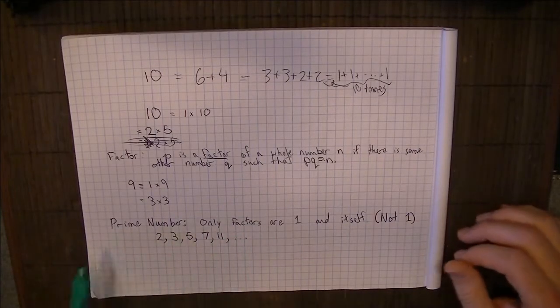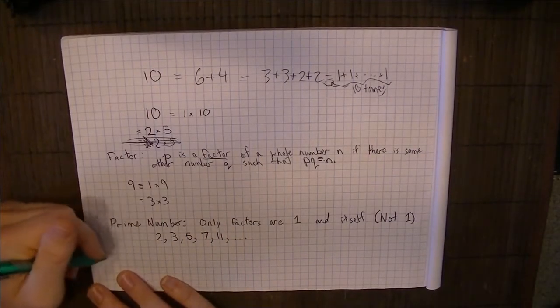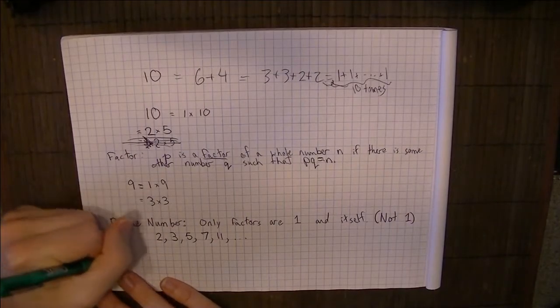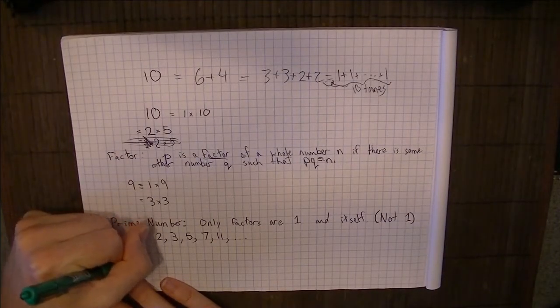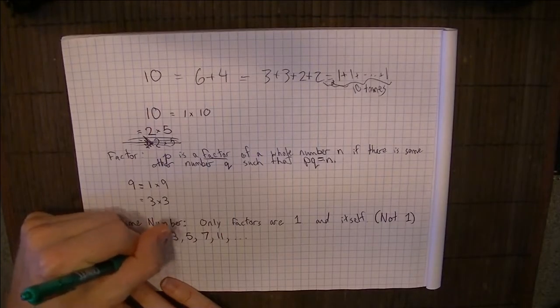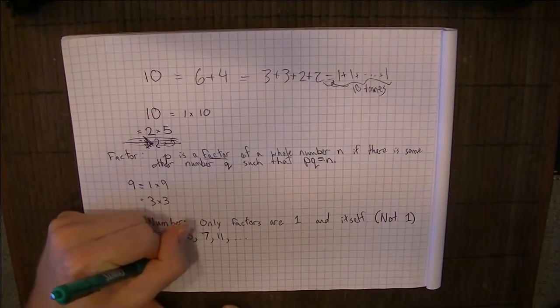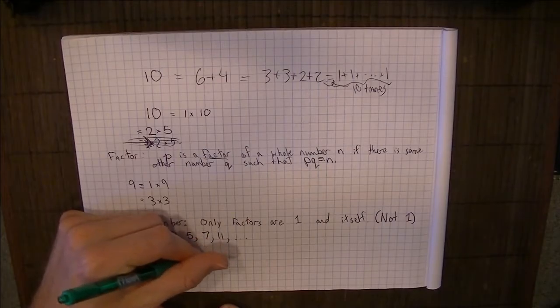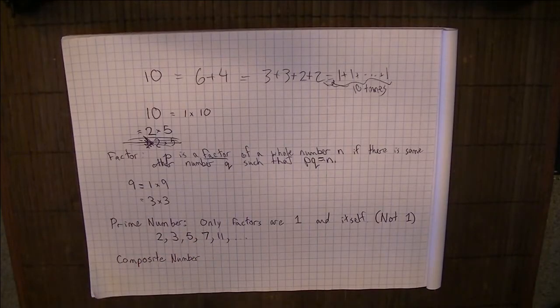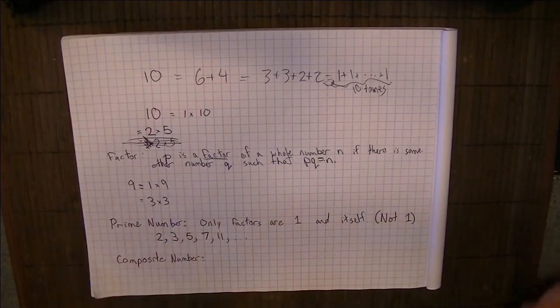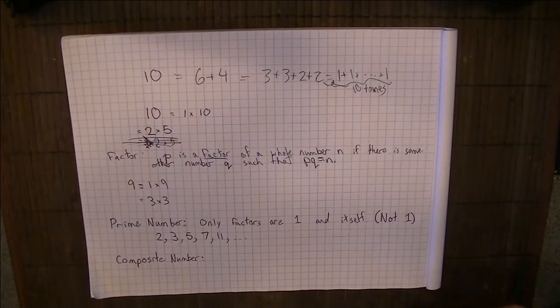Okay, but every other type of number is called composite. So the composite numbers are the numbers that have more factors than prime numbers.